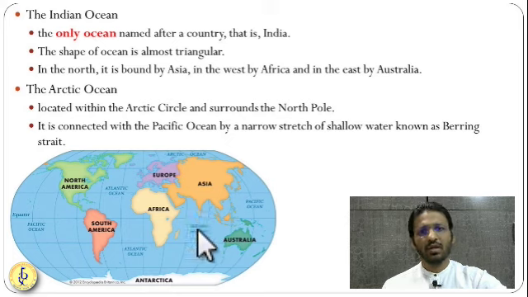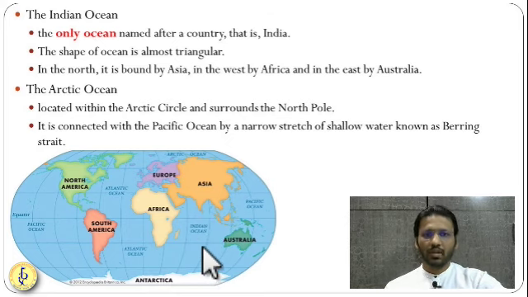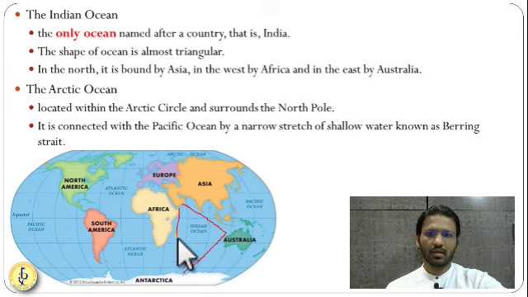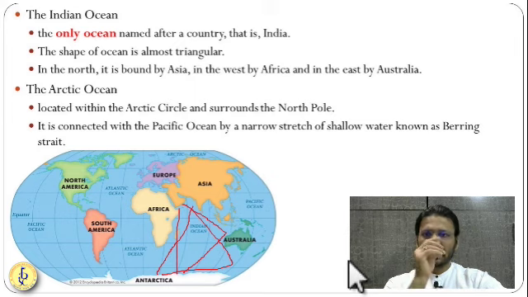Right now it is difficult to mark the shape over here, but we can say it is a triangle. You can make a triangle like this, or you can make it like this. So this is triangular in shape.